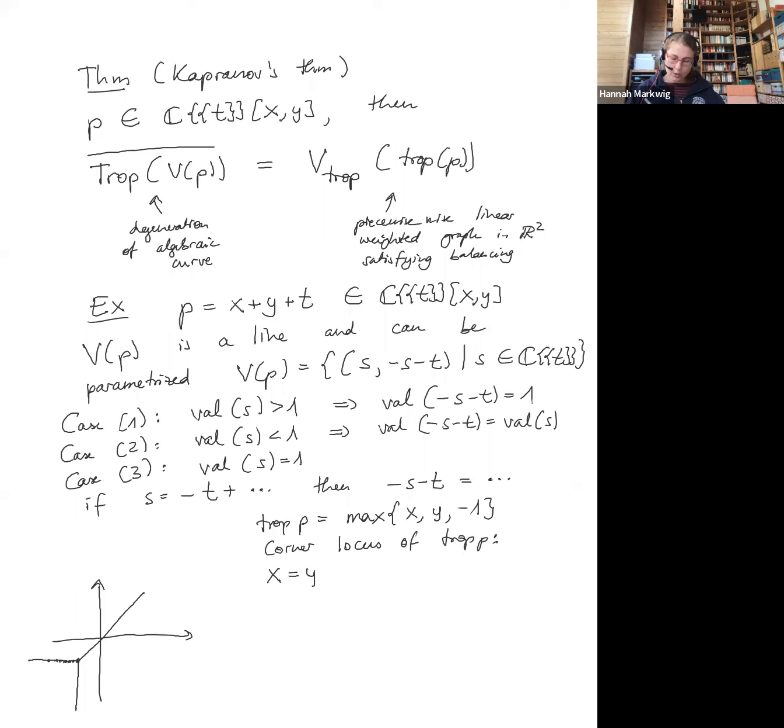So x can be equal to y, bigger or equal to minus 1, or x can be equal to minus 1, bigger or equal to y, or y can be equal to minus 1, bigger or equal to x. And you see that gives us precisely the same 3 rays we've just been discussing. Yeah, and so we get precisely the same picture. And so we have an example that confirms that Kapranov's theorem really works.